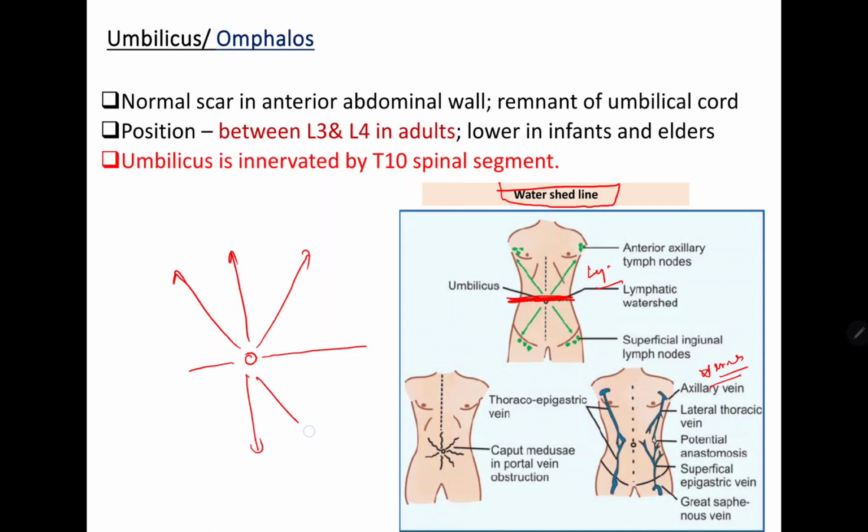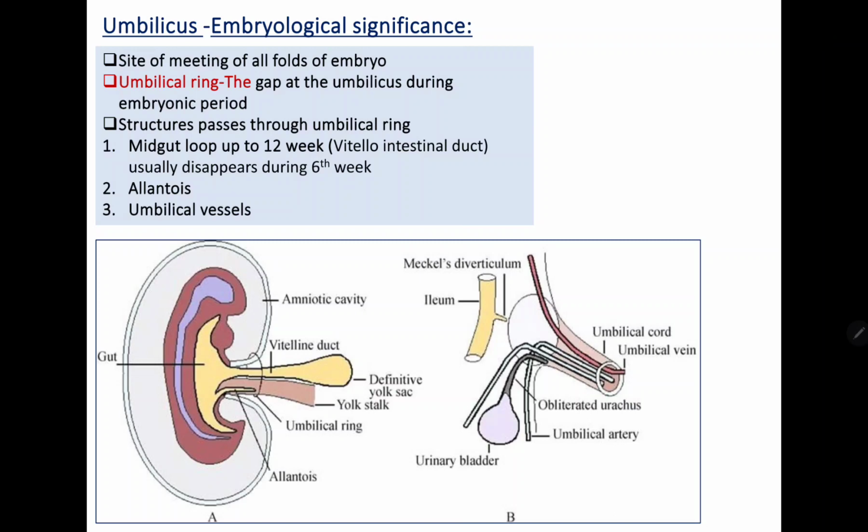Below the umbilicus, lymph and venous drainage go downwards, and above the umbilicus they drain upwards. That is why the umbilicus is known as the watershed line.